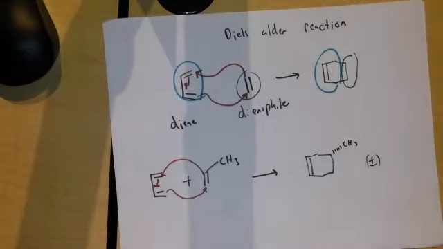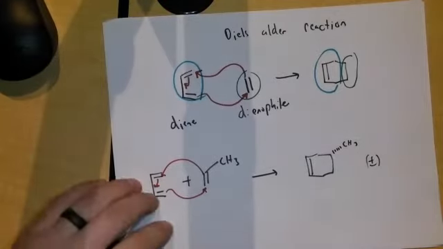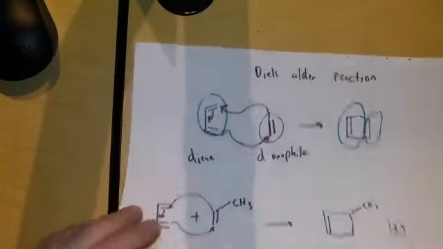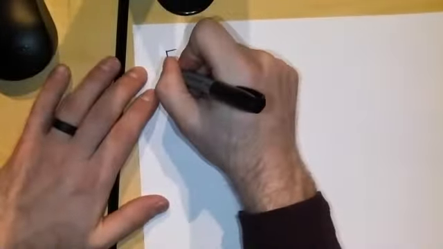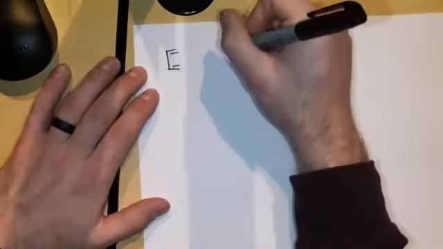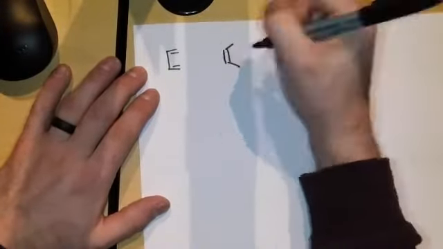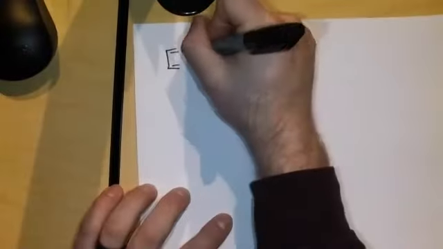All right, so making these more complicated, now we have 2 substituents on our dienophile here.